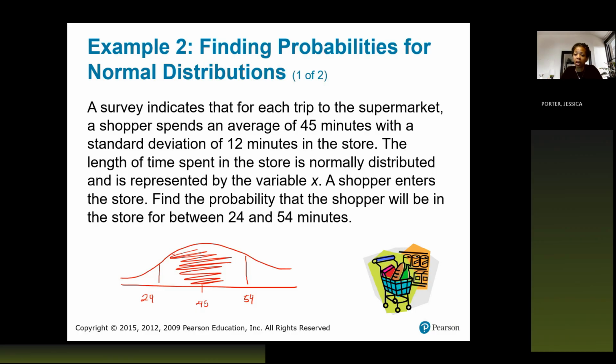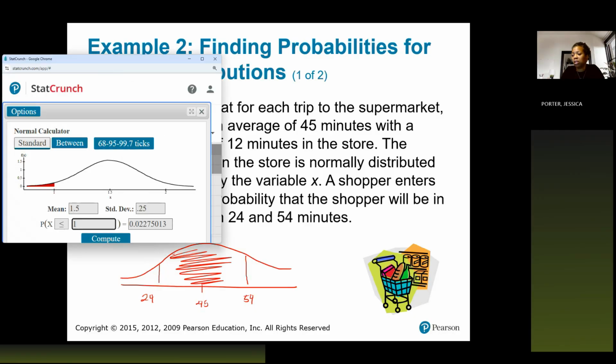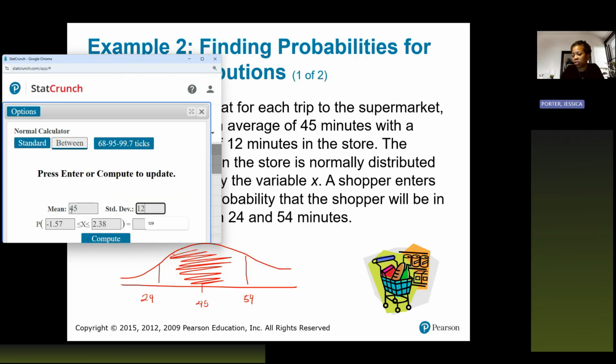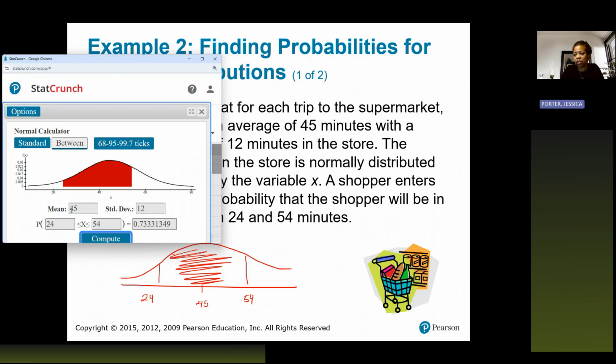So in StatCrunch, you go between and you just fill in the information you have. 45 minutes, 12 minutes, and then from 24 to 54, and compute.